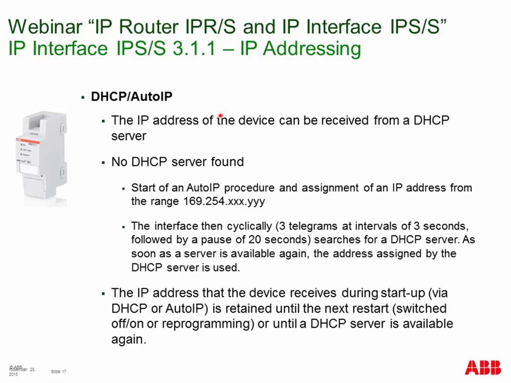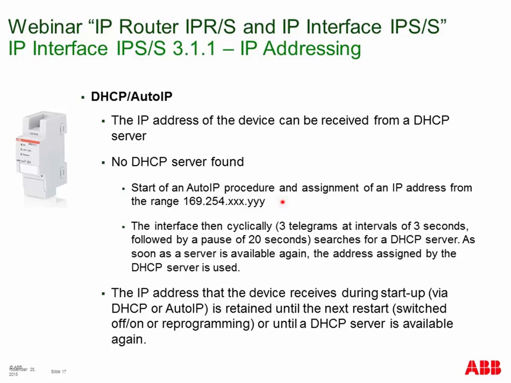Prerequisite is you have a DHCP server in your network, of course supported by our components. Assuming you have adjusted this, but no DHCP server was found for any reason, not running at the moment, then a so-called auto IP procedure will be started, and an IP address in this range 169.254.xxx.yyy will be assigned to our IP devices.